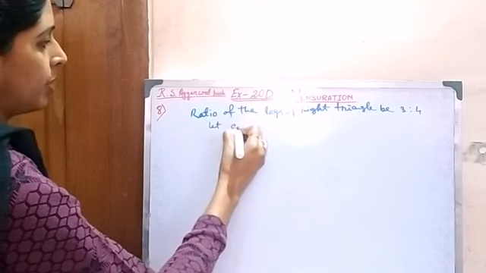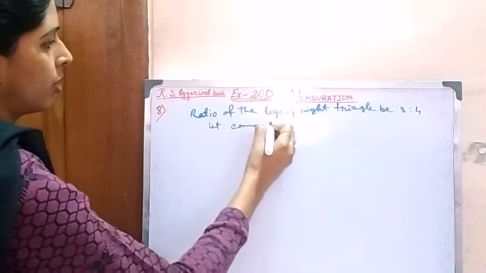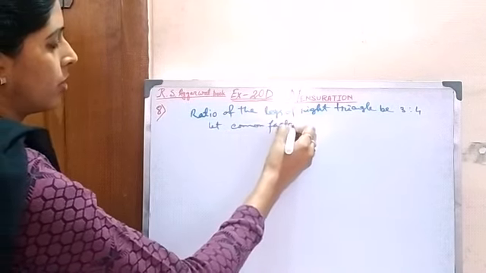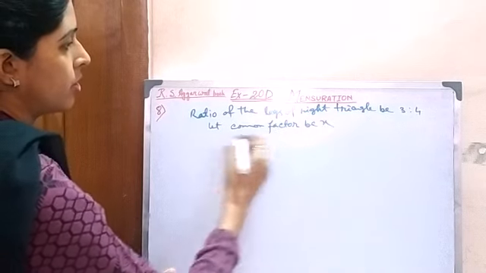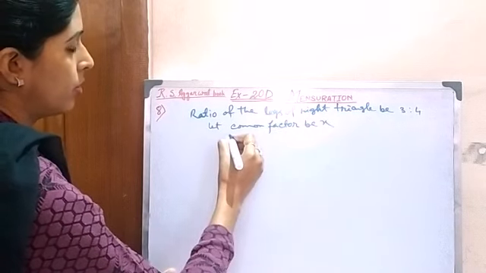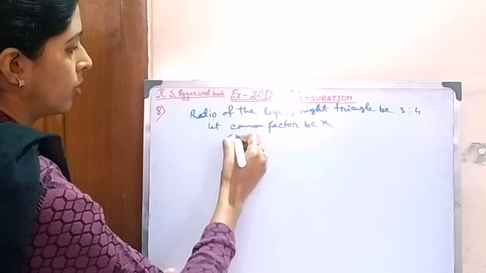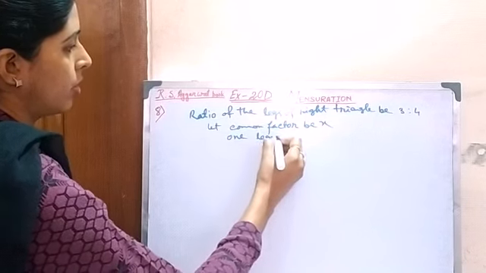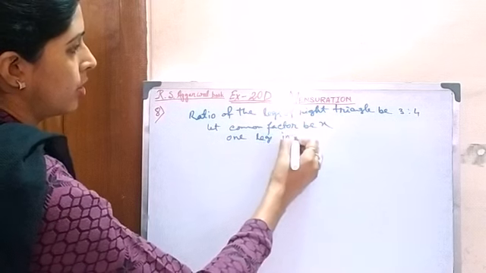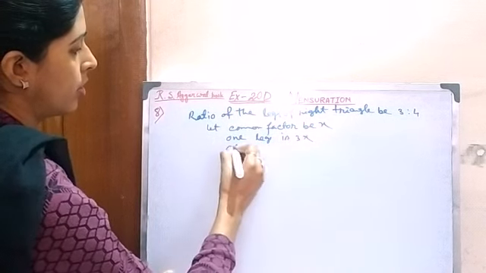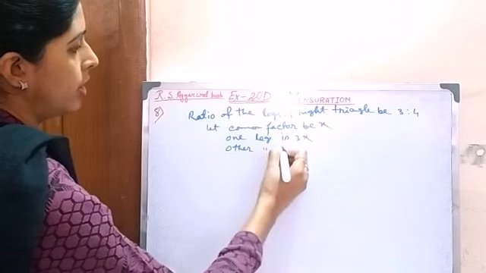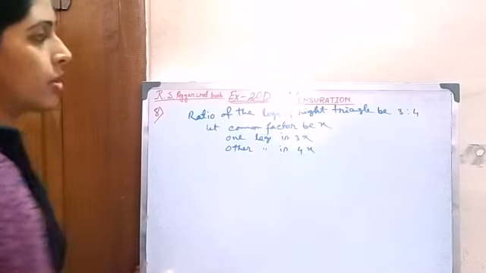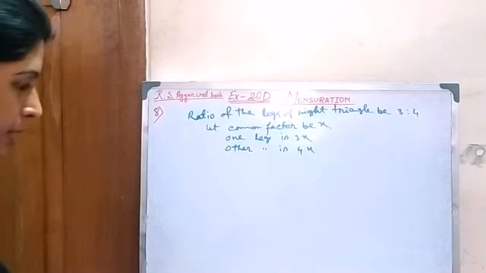Let the common factor be x. One leg is 3x, other leg is 4x.